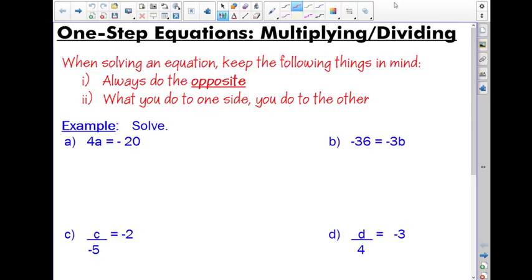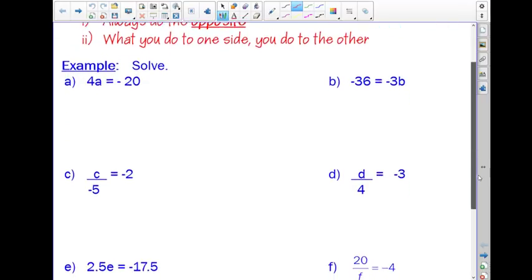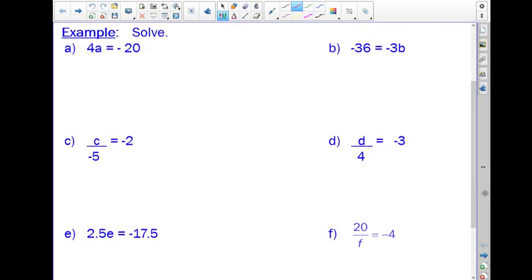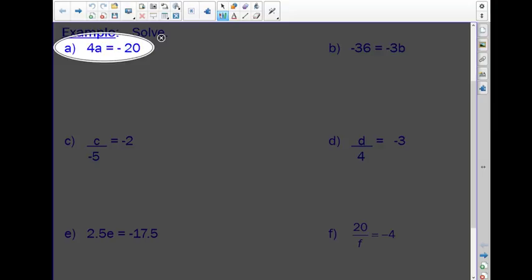First up, we have 4a equals negative 20. So what we need to do is take a look at what operation is happening between the 4 and the a.